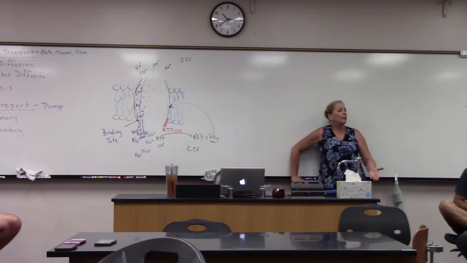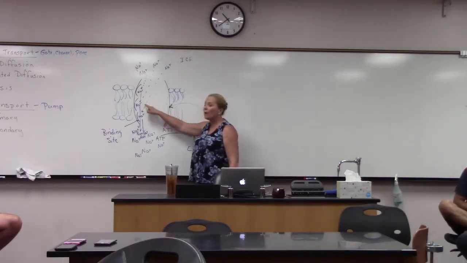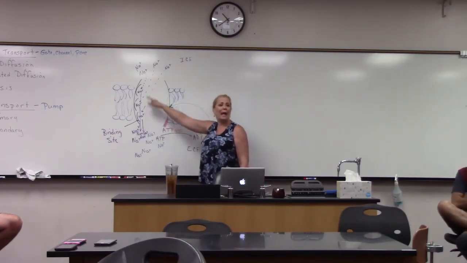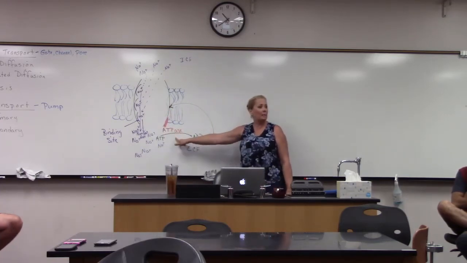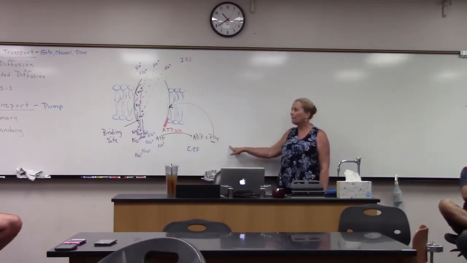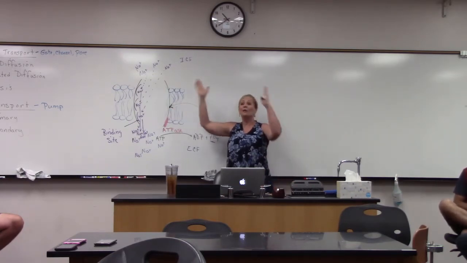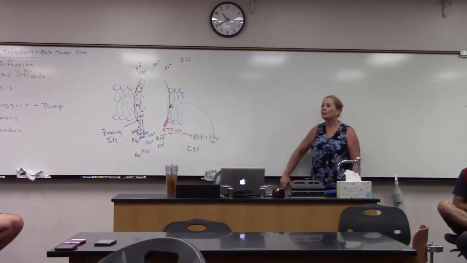The concentration gradient is considered high to low, and we just went against that gradient from low to high. Okay, so one more time. These binding sites have a very high affinity, very high specificity for just sodium, and 3 sodium can come in and bond. Immediately our ATPase enzyme pulls a phosphate off of the ATP, and that phosphate comes and binds to our pump, activates the pump, changes the shape of the pump so that the pump pushes those 3 sodium across into the more concentrated region.